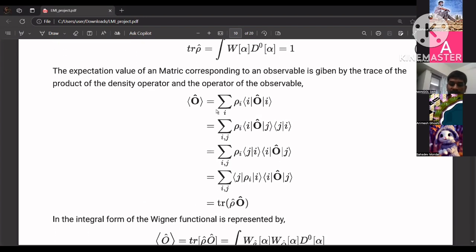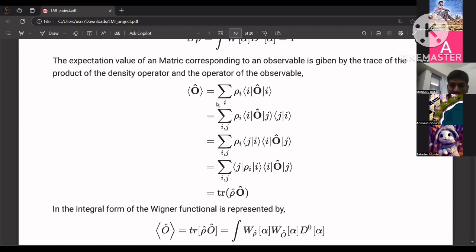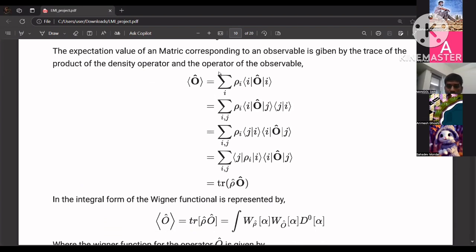Now the expectation value we can calculate from the density matrix. We know that the expectation value of the operator is a sum over contributions from all states.